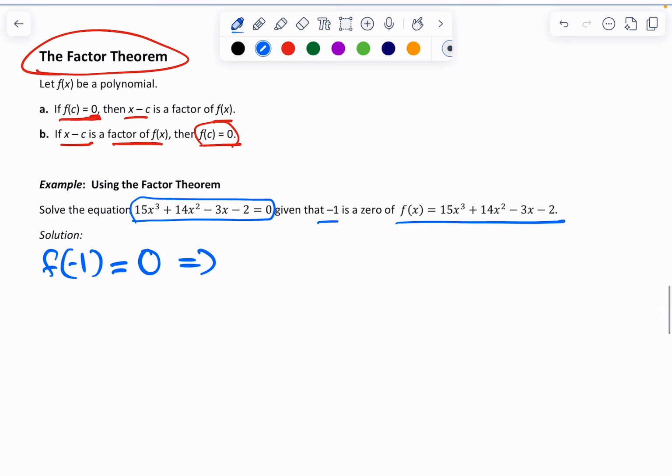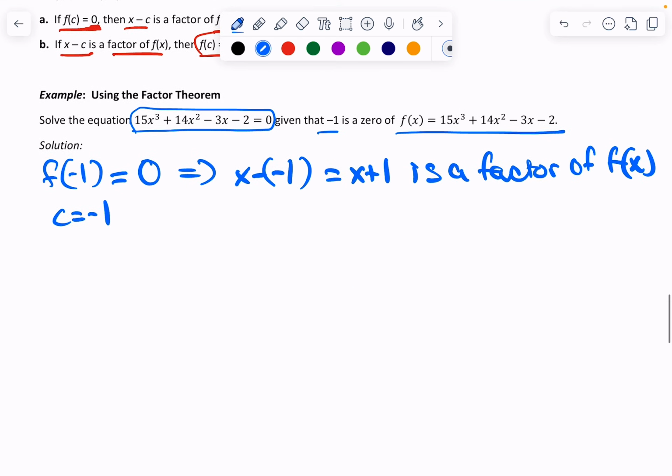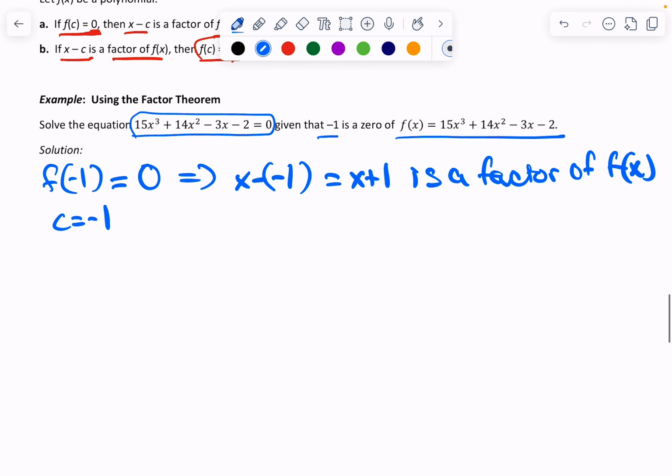That means that x minus negative 1, which is x plus 1, is a factor of f of x. So we're going to use c equals negative 1. Negative 1 is our divisor.